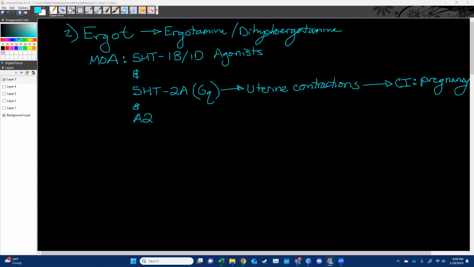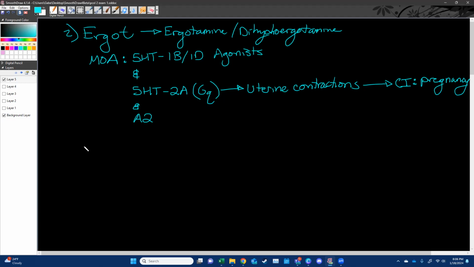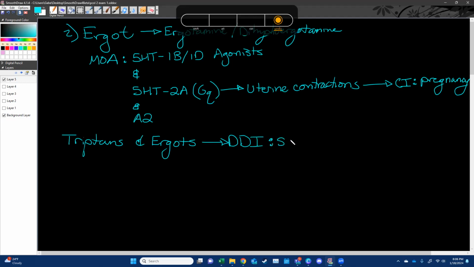I don't know how much you talked about this. Whenever we talk about ergots or the triptans, one of their major drug interactions is with SSRIs.